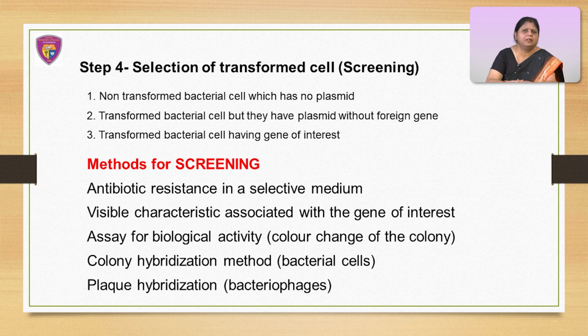These molecular markers make it easy for selection after being transferred to the host cell. There are various methods for selection like antibiotic resistance method, visible characteristic associated with the gene of interest, or assay for the biological activity. For example, color change of the colony. Colony hybridization method is generally used for bacterial cell, while plaque hybridization is used for bacteriophages or the viral cells.